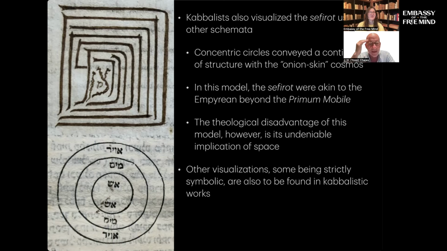But that's also its weak side from a Jewish theological point of view. It would be better not to visualize God in a manner that's so suggestive of space. Once again, I'm contrasting these two possibilities of visualization against one another.